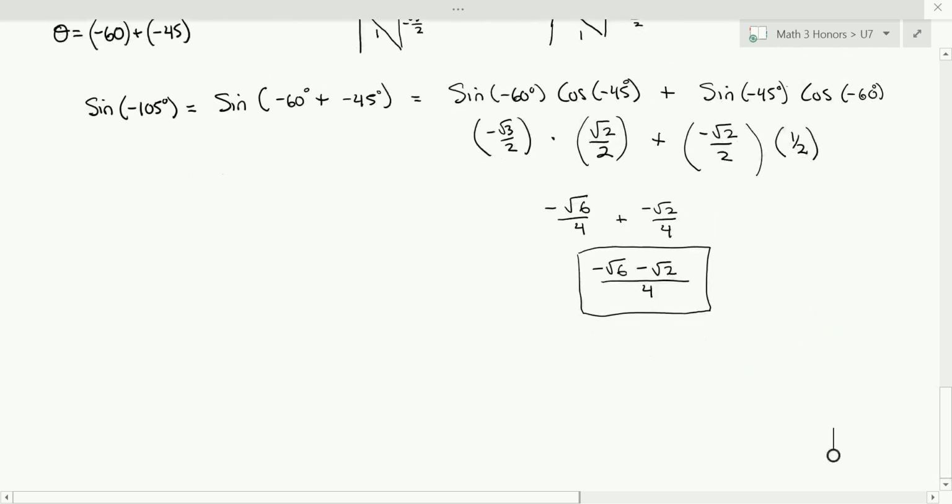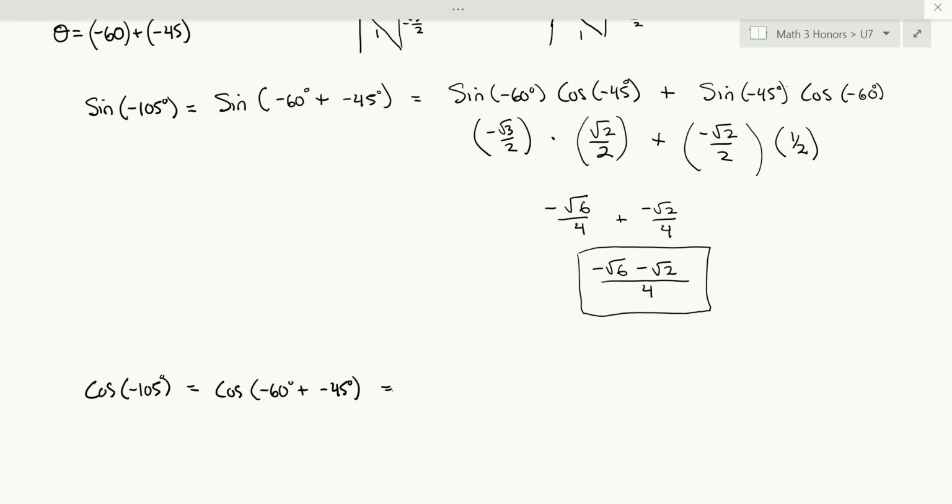You're going to write cosine of negative 105 is equal to the cosine of negative 60 plus negative 45. But this time, the next step's going to be different because you're going to use a different formula. You got to use the cosine formula in your packet to plug in. This is my u, and this is my v, and I'm going to plug it into that formula.